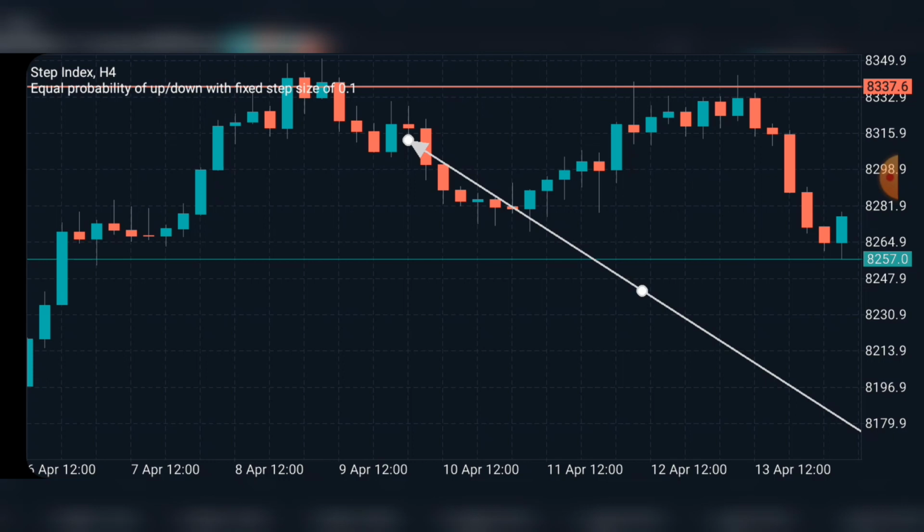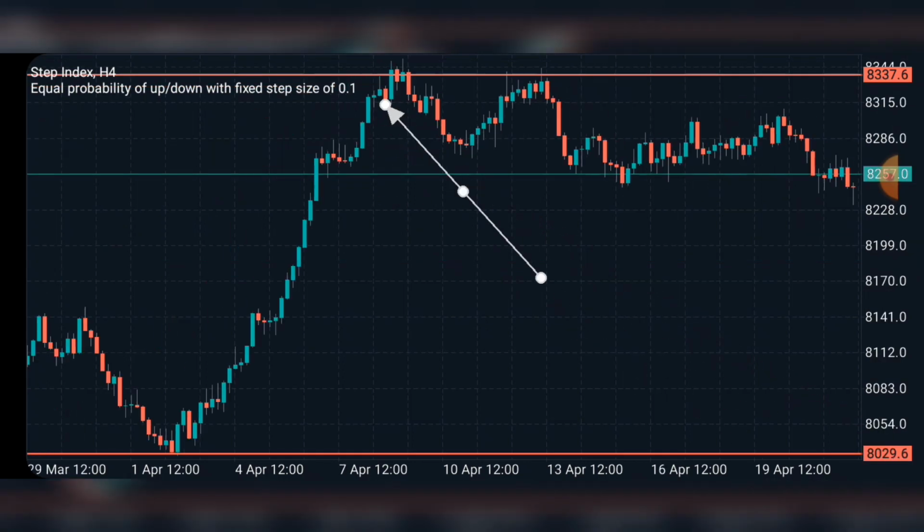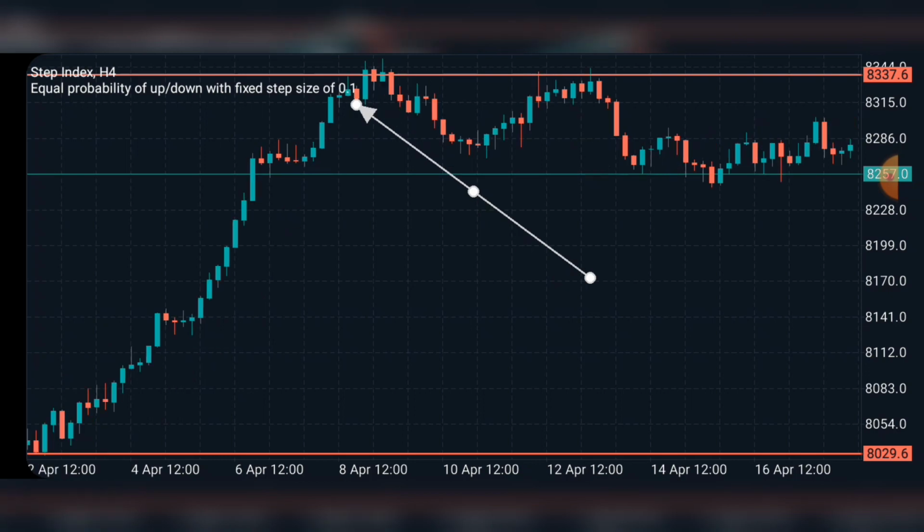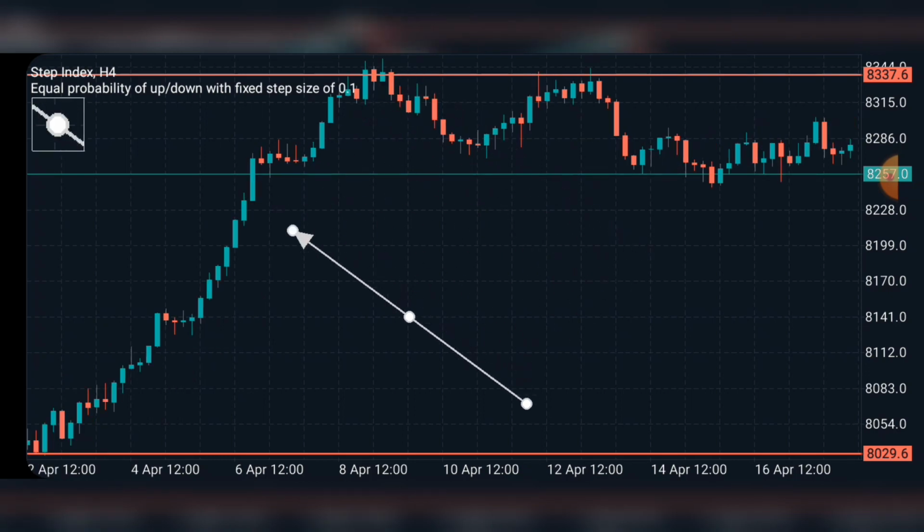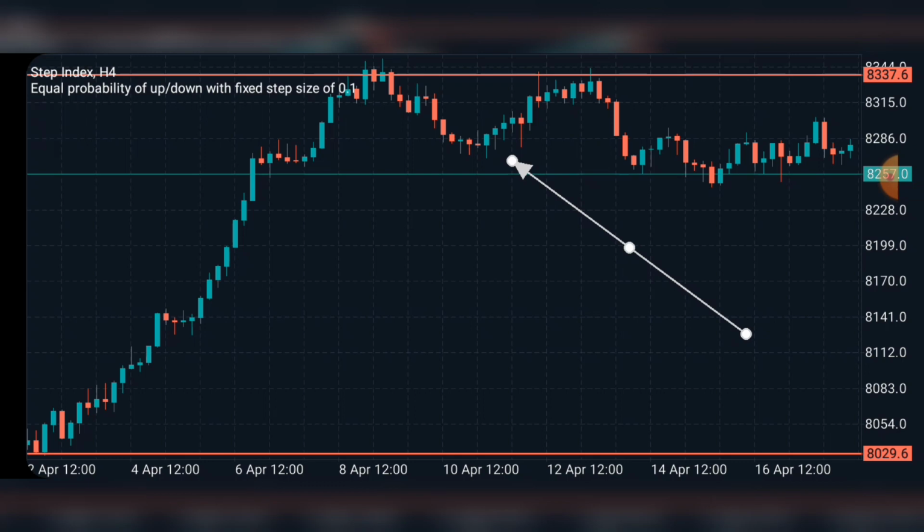So in this regard, right here, price is overall in a buying market, but as we see, it's within this buying trend, playing around within this trend and playing around within this range.